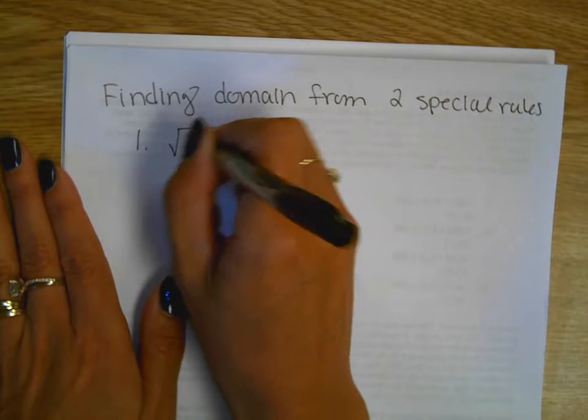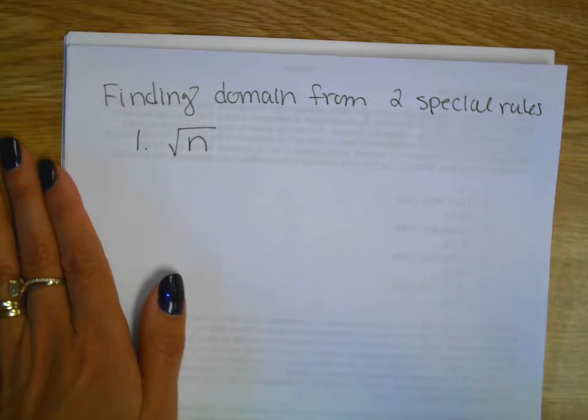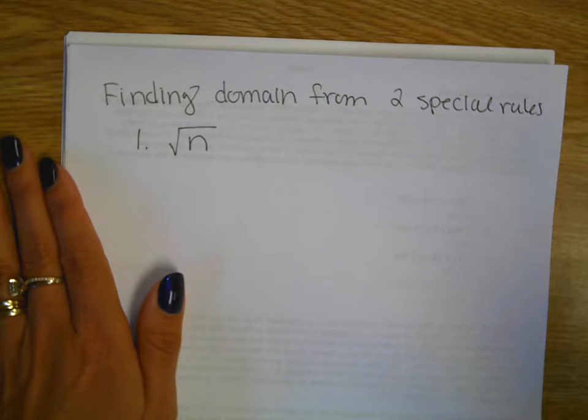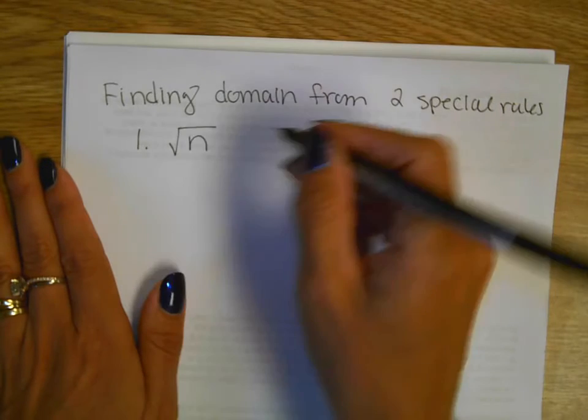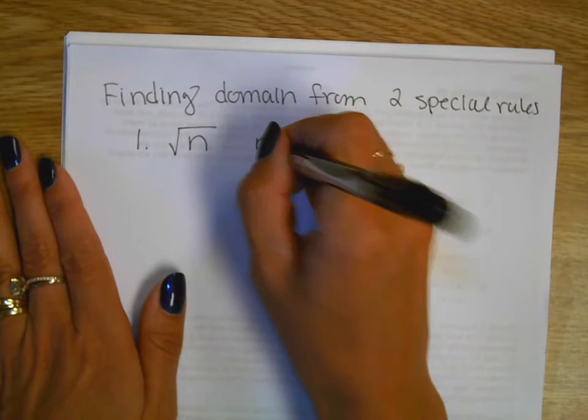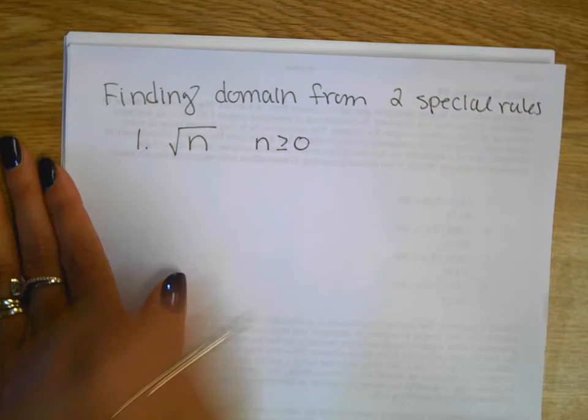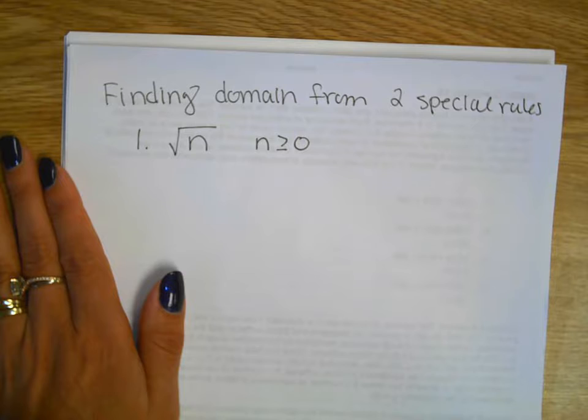First of all, when you take the square root of a number, Jimmer said it earlier, we can't take square roots of negative numbers, because that's asking what number times itself gives me a negative number. Well, no real numbers do that, imaginary ones. So, if you have this, the values under the square root have to be greater than or equal to 0. So we can take the square root of 0, and we can take the square root of positive numbers. Can't take the square root of negatives.